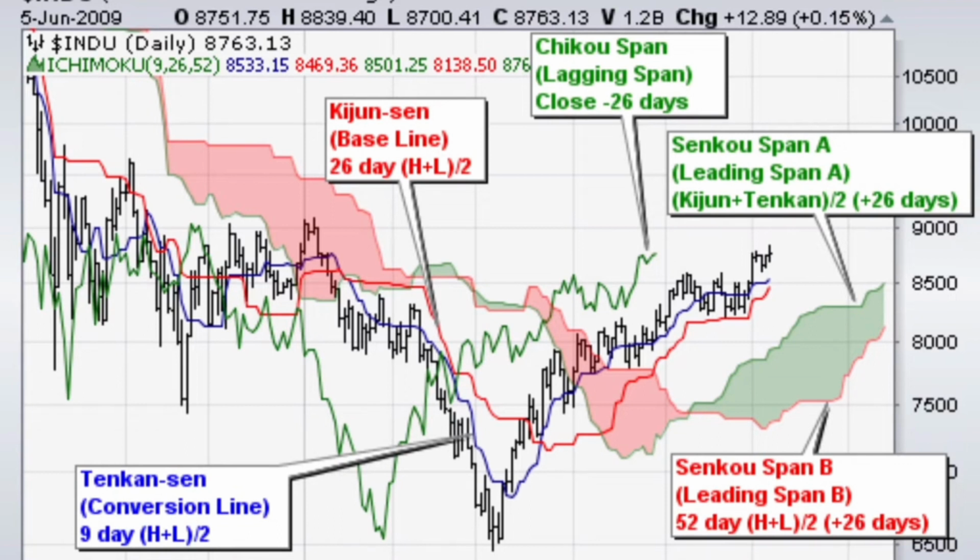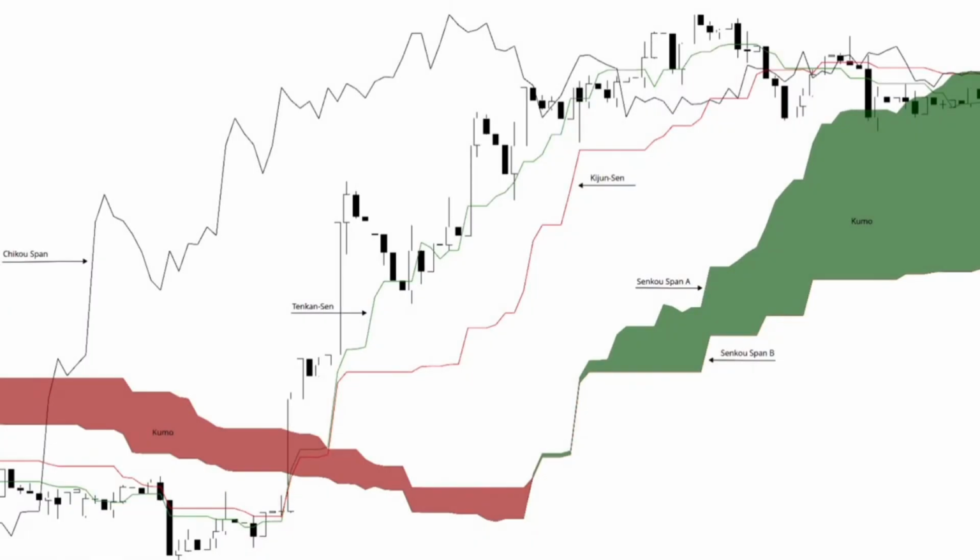The Tenkan-sen and Kijun-sen lines can help you confirm entry and exit points. When the Tenkan-sen crosses above Kijun-sen, it indicates a buy signal. When the Tenkan-sen crosses below Kijun-sen, it indicates a sell signal. Measuring momentum. The distance between the Senkou Span A and Senkou Span B can help you measure momentum.